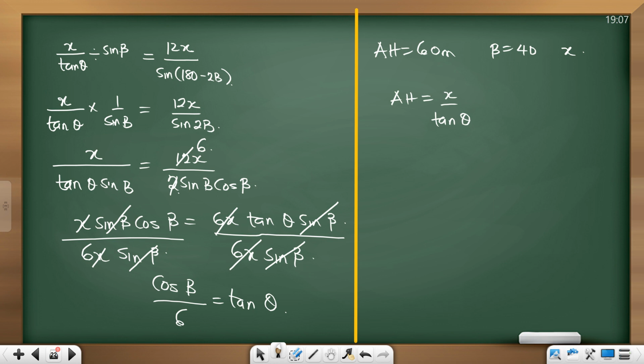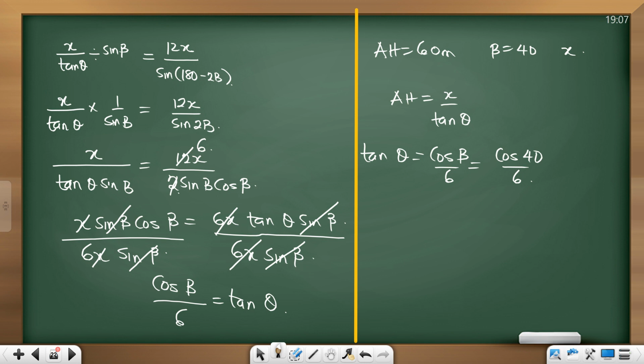Okay, wait. We're looking for X. I thought it was very easy. Oh, we can actually get tan theta there. Tan theta equals cos beta over 6. Cos 40 over 6. Try not to round off so many times.